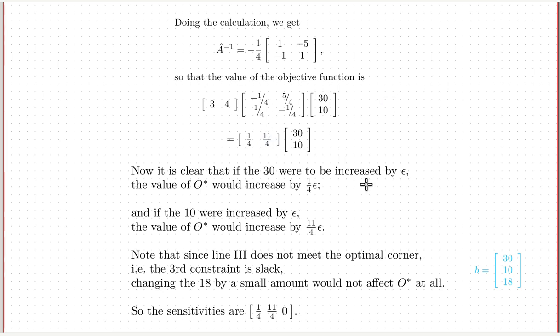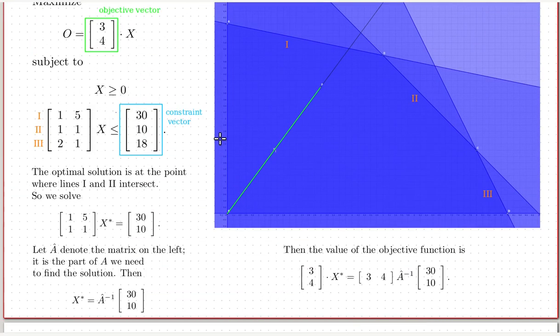Those are the sensitivities. Now there was actually a third entry in the constraint vector, this 18, but as we saw, the third constraint doesn't play any role in forming the optimal corner. In other words, at this corner, the third constraint is slack.